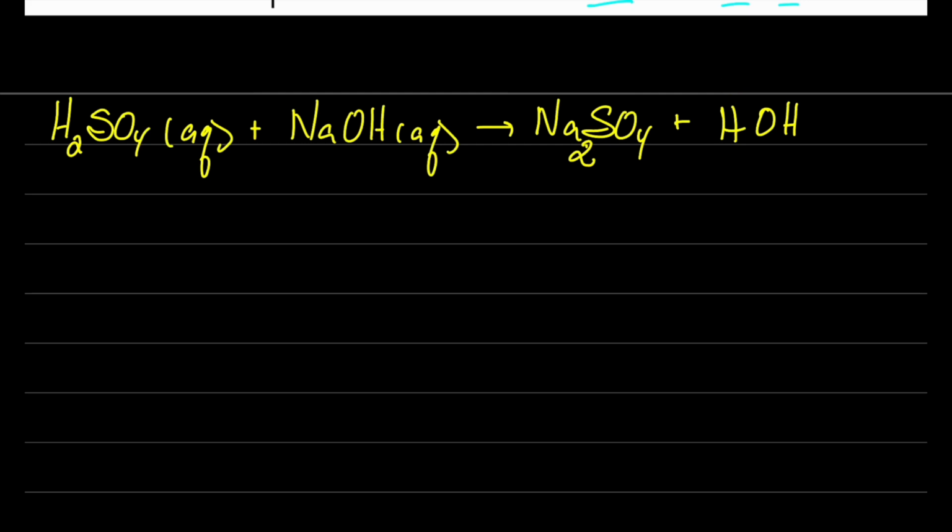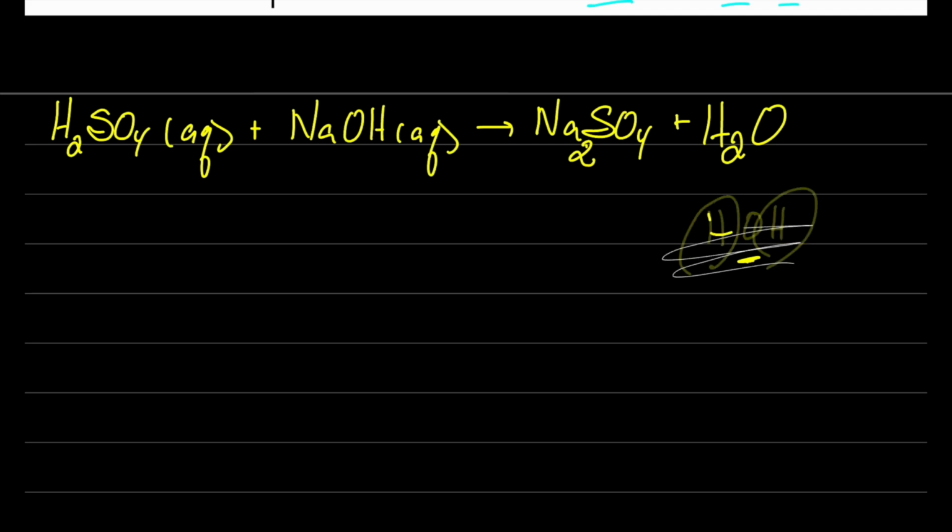But what I'd like you to notice is that we have 2 H's and an oxygen, right? That is actually H2O. Okay, so whenever you have HOH as an answer, that's actually H2O.